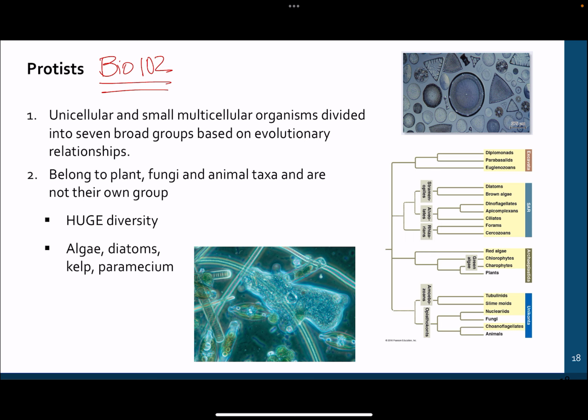Paramecium and amoebas, these are things that live in pond scum, and they're just very simple organisms. Again, mostly single-celled, but sometimes multicellular. So over here, we've got some of the categories of protists. You don't need to know those. Just keep in mind that the protists come from the other three big eukaryotic domains.